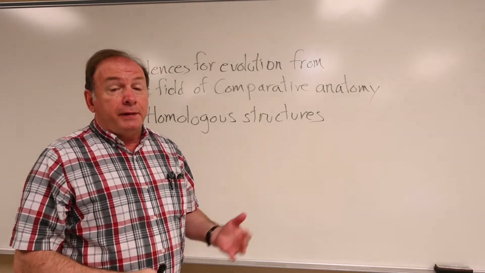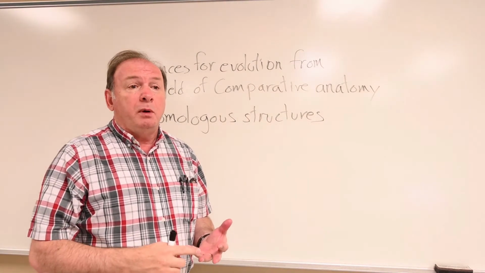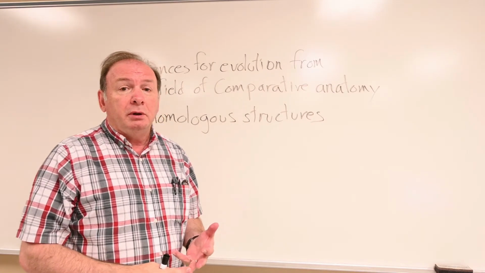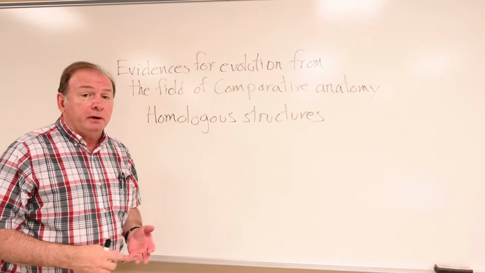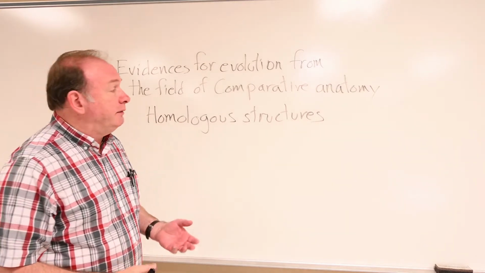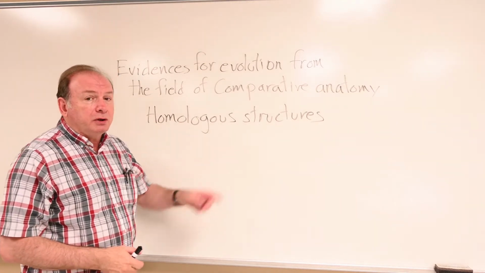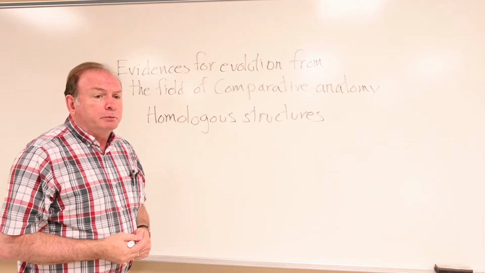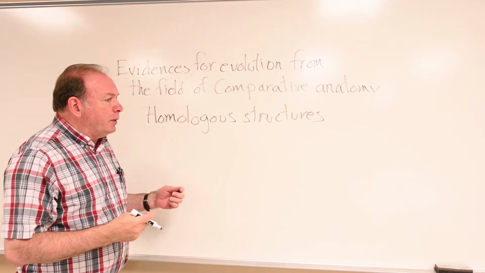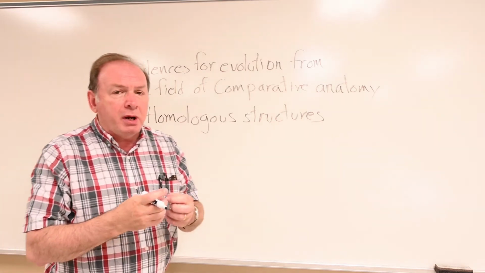Now we're going to talk about our third evidence for macroevolution from the field of comparative anatomy. We've already talked about the congruence of anatomical features and vestigial structures. Now, homologous structures. Homologous structures are features that we think develop from the same embryonic kind of origin.